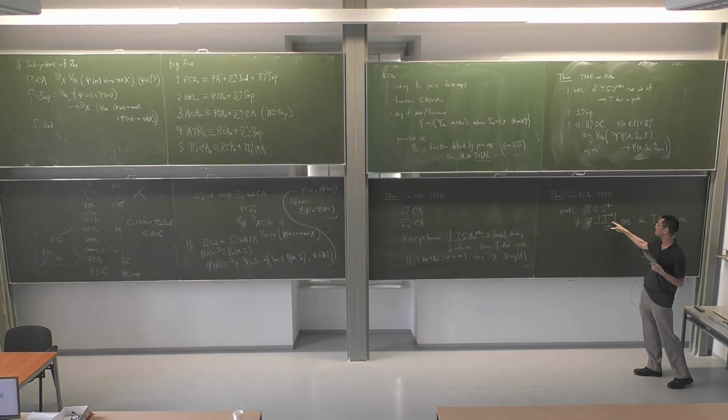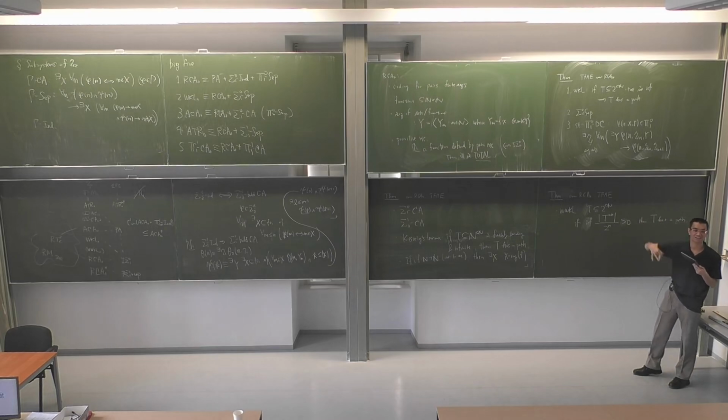And this being positive, of course, means that the tree T is infinite. So it's a special case of WKL0.